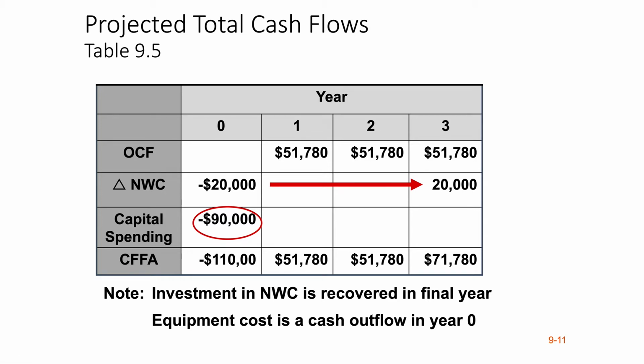So from a cash flow point of view, for the third year, it is $51,780 plus $20,000, the recovery of net working capital. The total amount is $71,780. Now you have the total cash flow for this project, right?